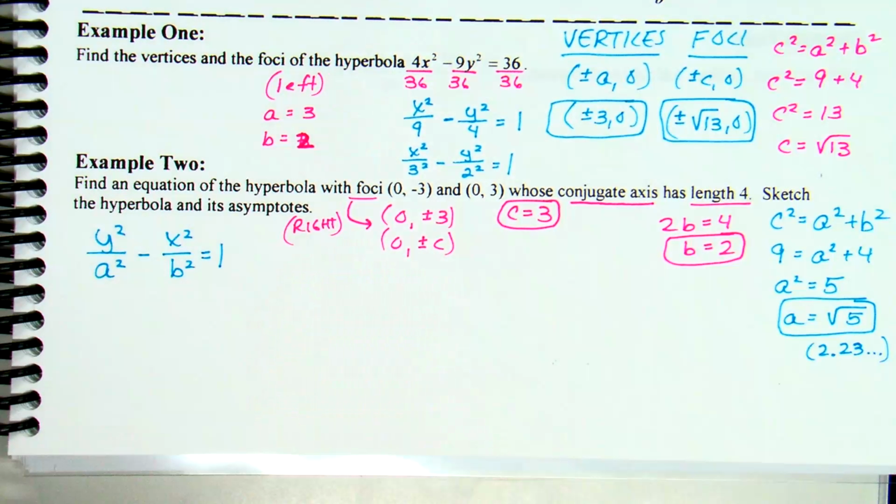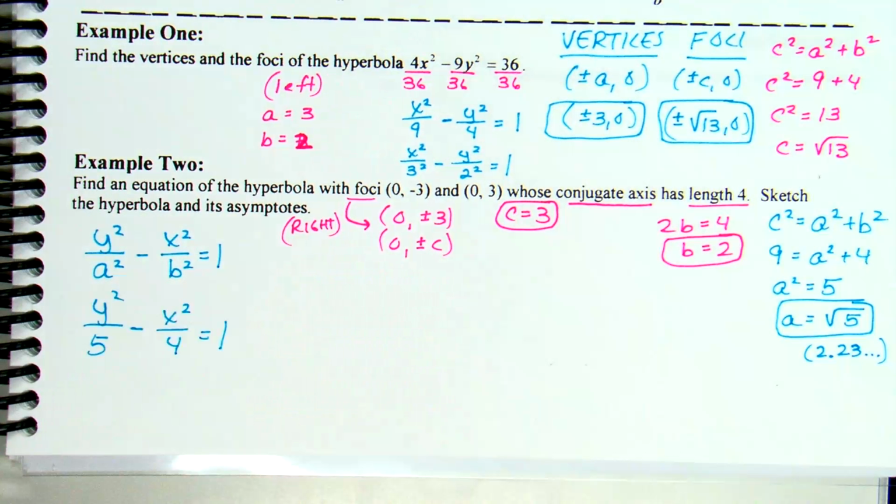So, what do we have here? Okay. Y squared over 5 minus x squared over 4 equals 1.